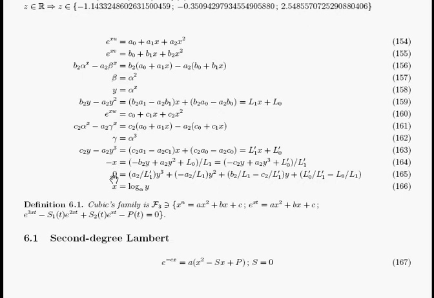The x goes away and we get an equation in y. Who is y? The exponential of alpha x is equal to the logarithm of y in base alpha. This is our desired cubic equation, A1 y cubed plus A2 y squared plus A3 y plus A4 equals 0. Our family of cubic equations is F3.